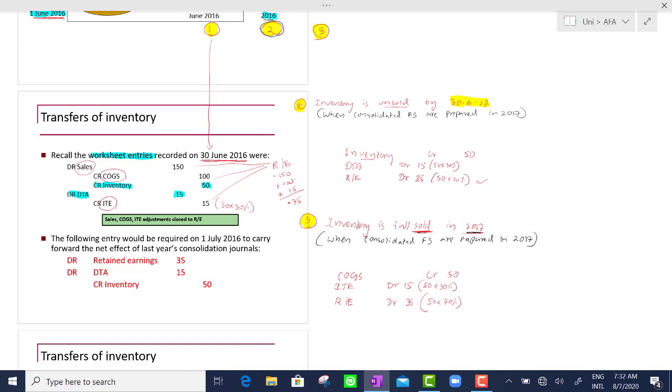All components like statement of financial position or SOFP, income statement, changes in equity statement, right? All these statements are simultaneously prepared. That is why we worry about the retained earnings and other adjustments, income tax expense, deferred tax asset, right? So this is the approach used in this textbook.